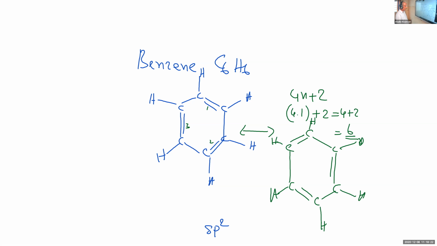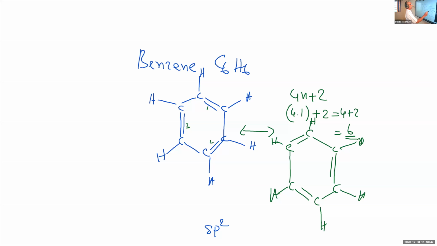So instead of showing alternate single bonds and double bonds, we can show the pi electrons by marking a circle, a dotted circle or a solid circle. And why does it happen?